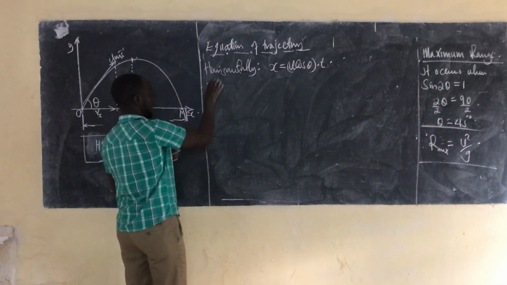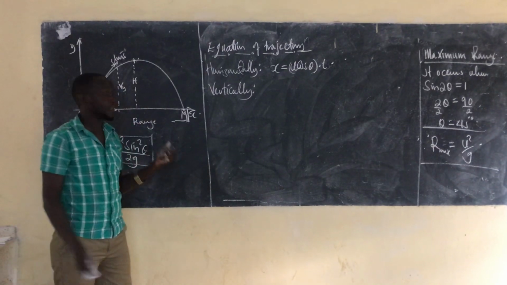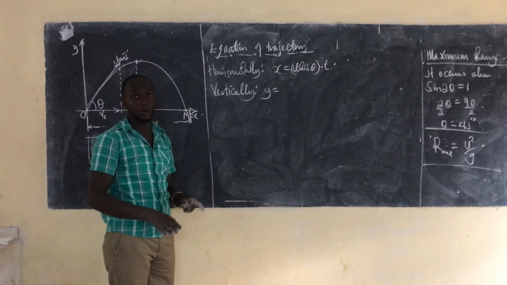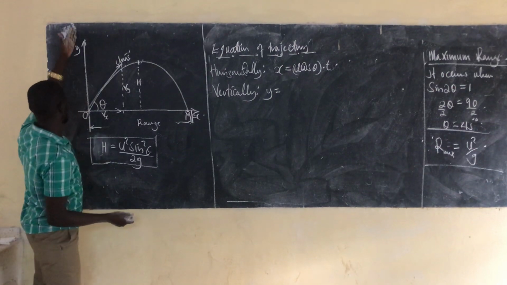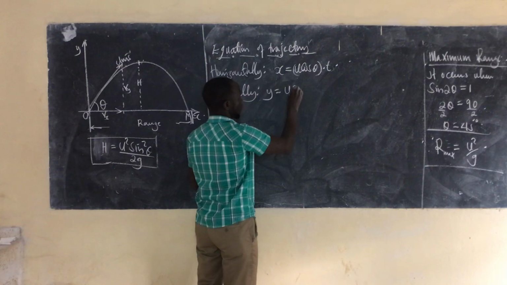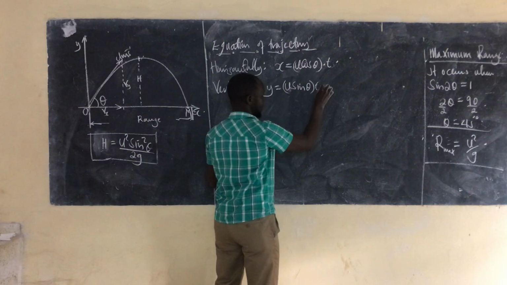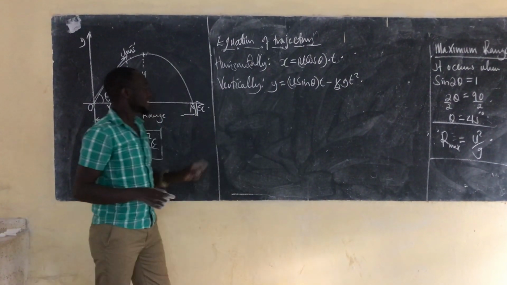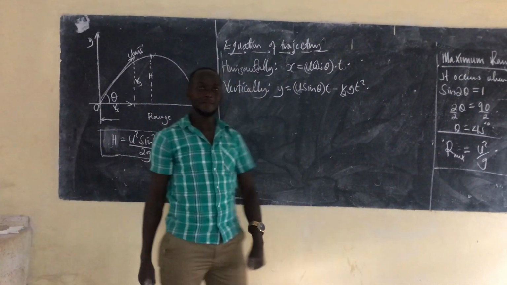And vertically, as we are looking for distances, y was what we referred to as s at one point, because we are using the second equation of motion. But because we are talking about the vertical distance, we choose y instead of s. y equals u sine theta t minus a half g t squared.